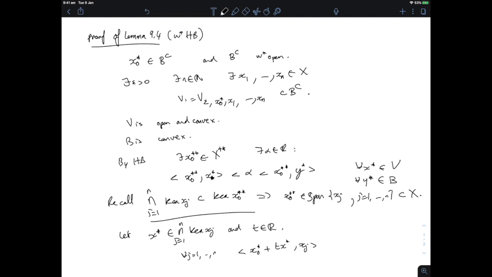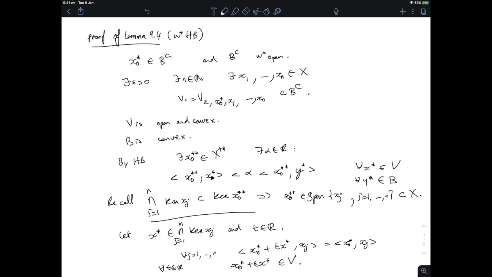Well, x star is in the kernel of the xj, so all of that is just x naught star tested on xj, and that has to be smaller than epsilon. So that means that for every t in R, x naught star plus t x star has to belong to V.